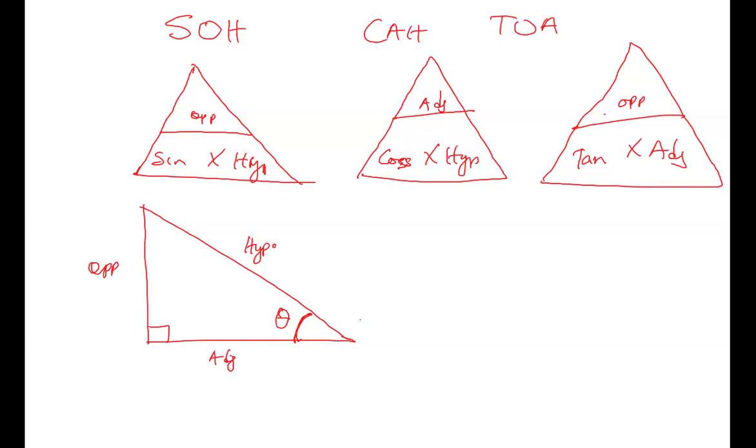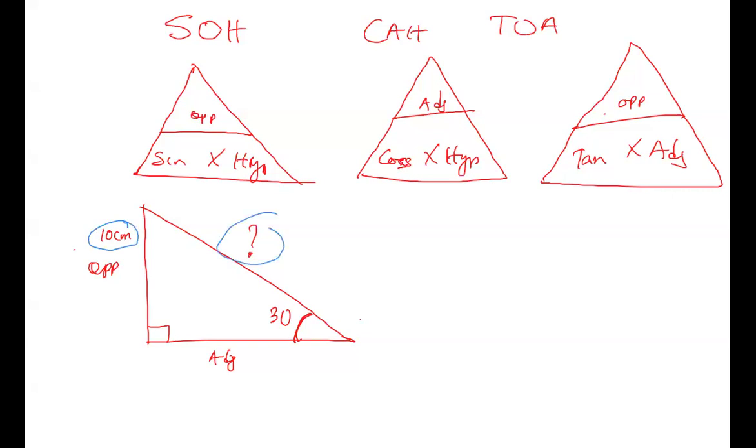So, for example, now, if they say that the angle is 30, and you are given this one to be 10 centimeters. They ask you to find out the hypotenuse. So now, which formula combines opposite and hypotenuse together?